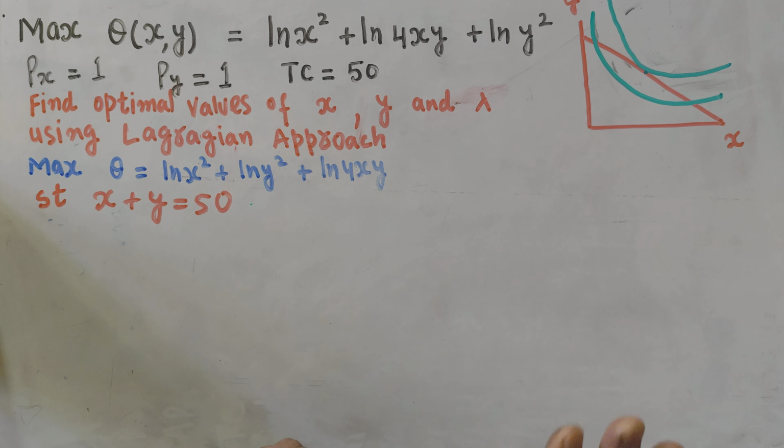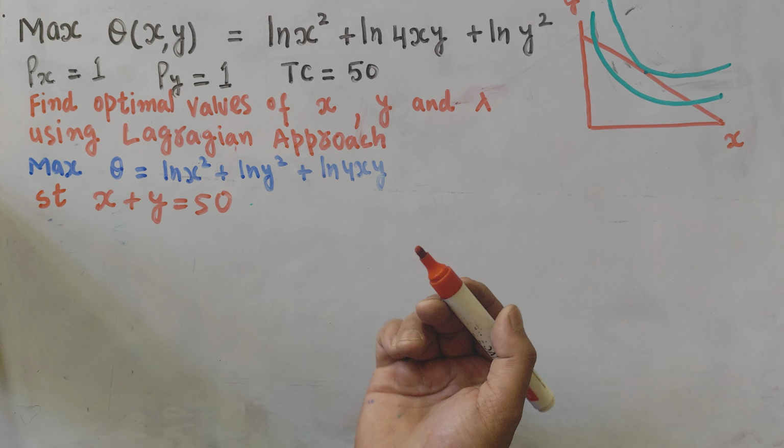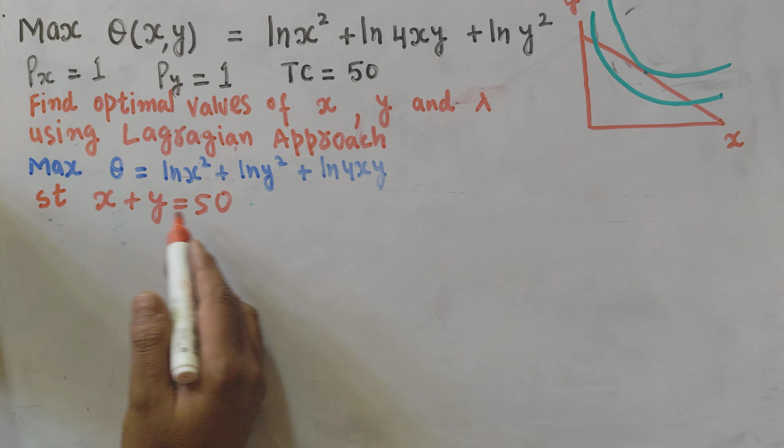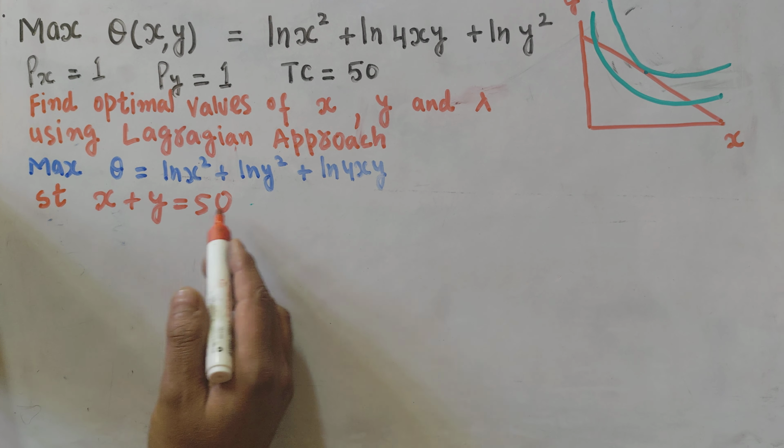So in the Lagrangian approach, the first thing we do is set the given budget constraint equal to 0. So if I set it equal to 0, I will get 50 minus x minus y is equal to 0.